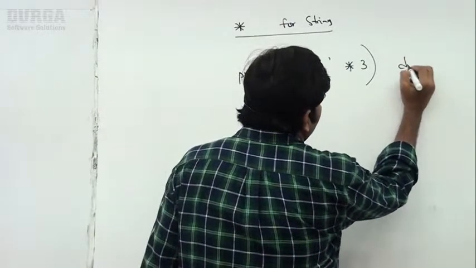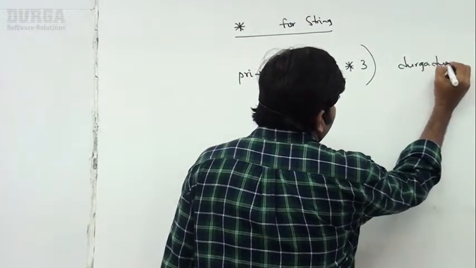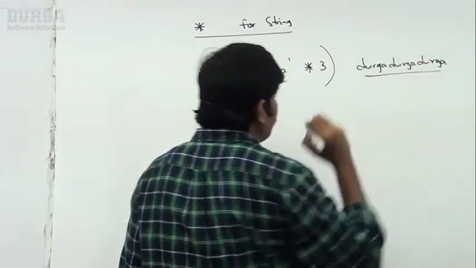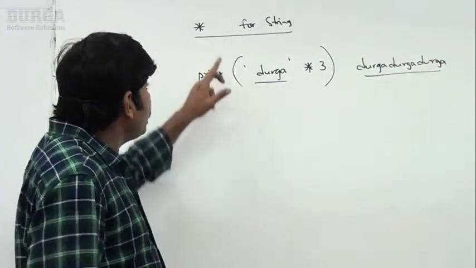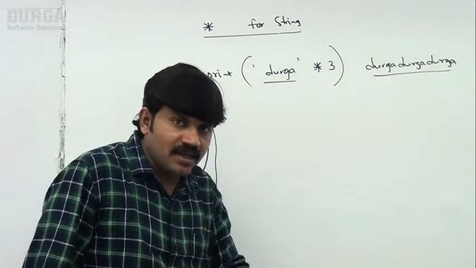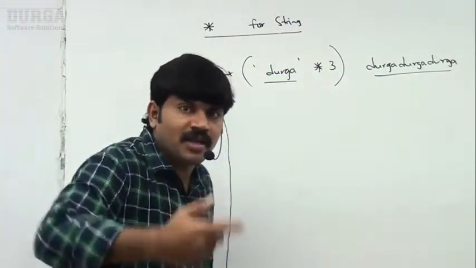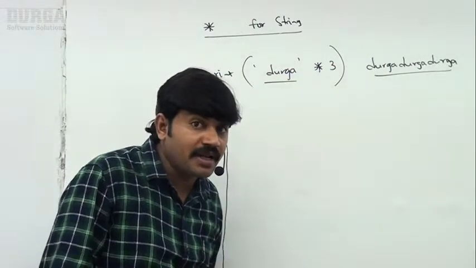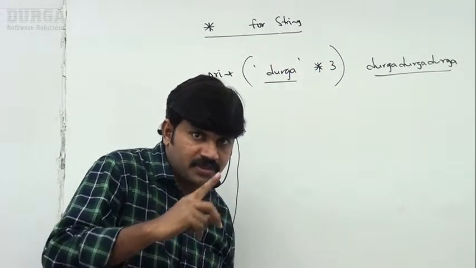Now the output we are going to get is DurgaDurgaDurga. Remember this one: if we apply the star operator for a string, it acts as the string repetition operator. Repeat this string 3 times.